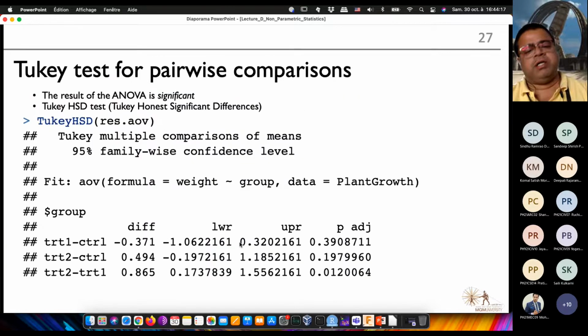Okay, now I can do the Tukey test. Now I have to do the pairwise comparison. Mujhe pata chal gaya ki ye different hai, but different kaun-kaun se hain, yeh mujhe kaise pata chalega? How to say which one is more different?